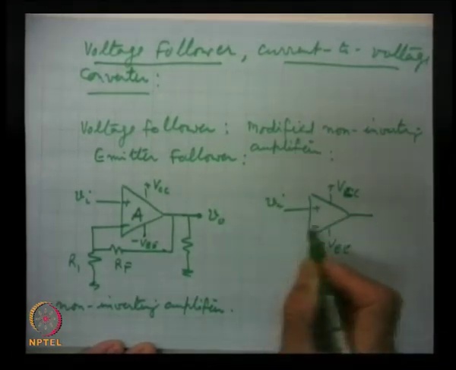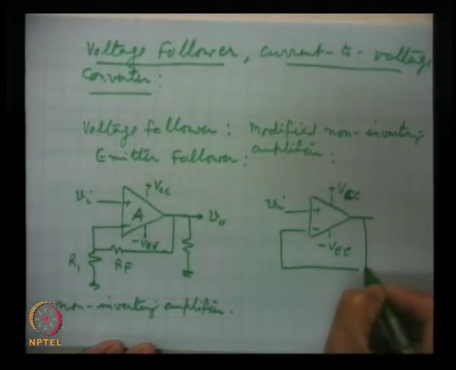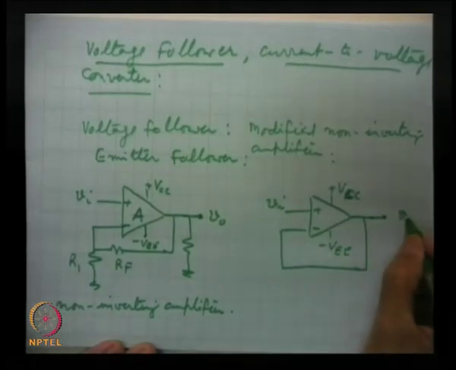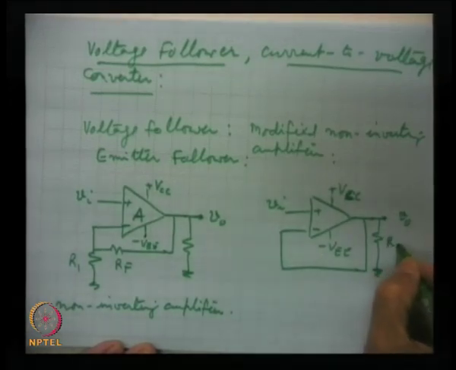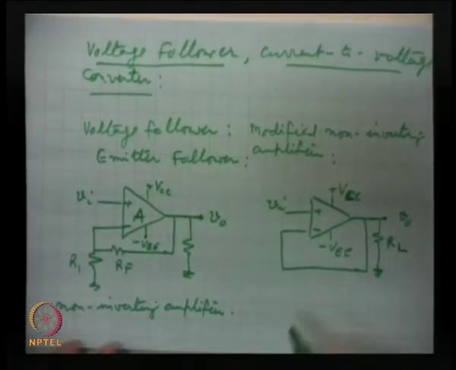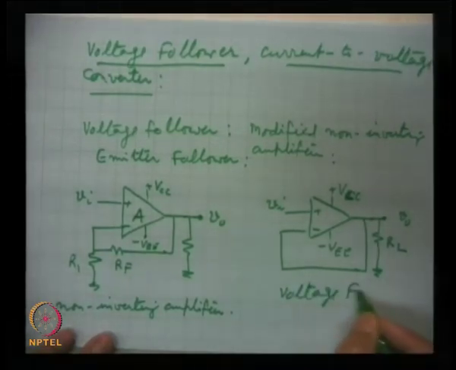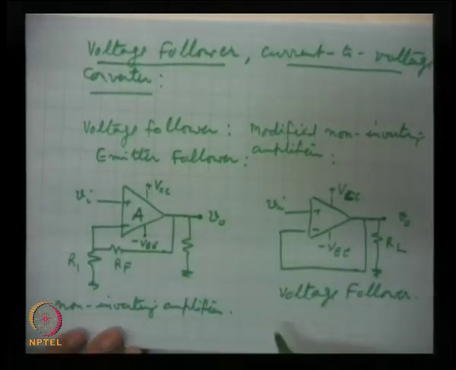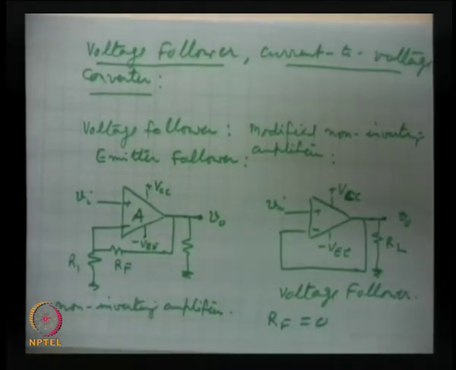VI, and here this is a voltage follower. And how has it been obtained? Here we have made RF equal to 0 in the basic non-inverting amplifier.